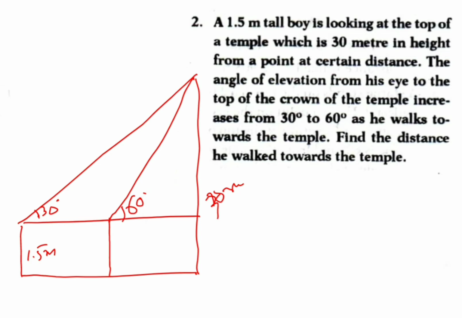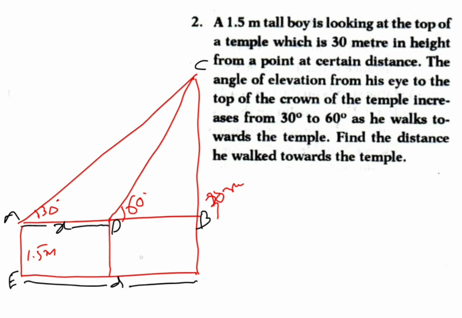This distance is x and the total distance is d. Let the total distance be d. We need to find this x. Now, A, B, C, D, E, F. We need to find AD.